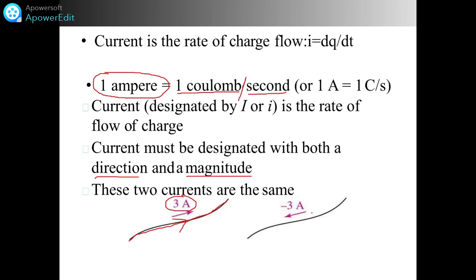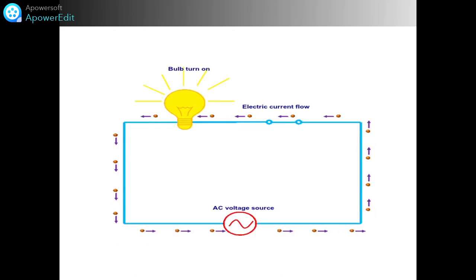For example, in the same wire, if the current flows in the opposite direction, that is treated as minus 3 amperes. So current is a vector quantity. This is the diagrammatic representation of the current flow in a circuit.